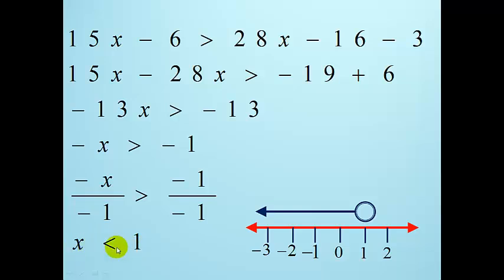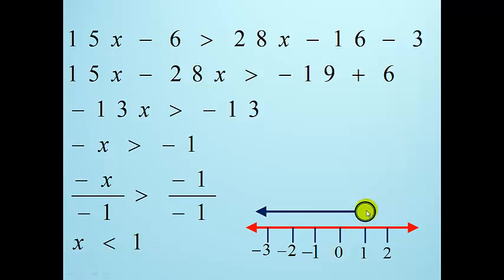Values of x less than 1 are on the left of 1 on the graph. That is why the arrow is pointing to the left. Take note that the circle is not shaded because x is less than 1, so 1 is not included.